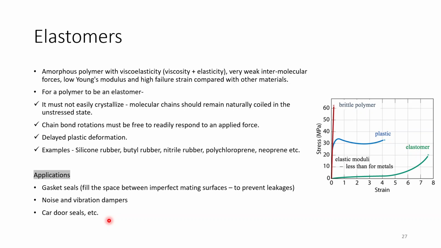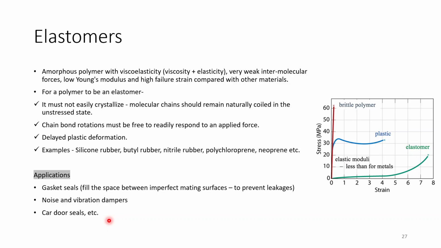Okay, so if a material is more likely to crystallize, then it will act as a brittle polymer. And if it is not crystallized and remains in an uncrystallized state, then it will act as a viscoelastic material.